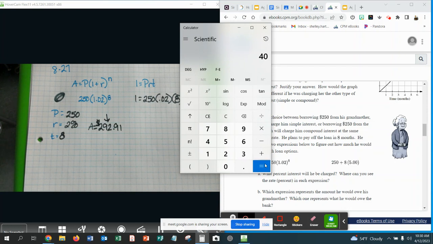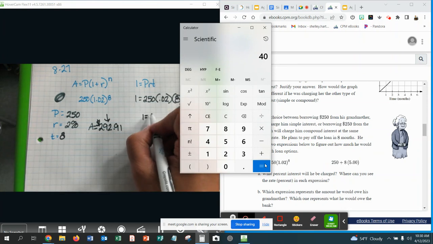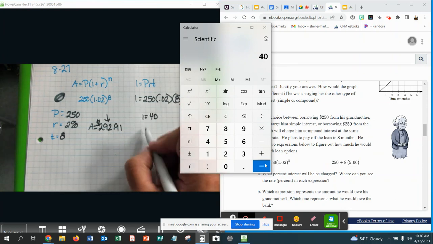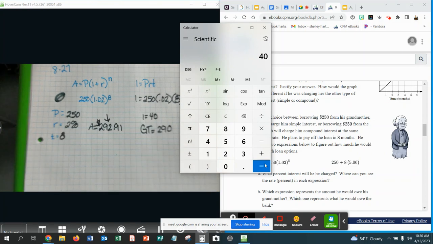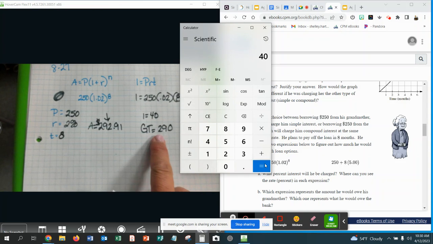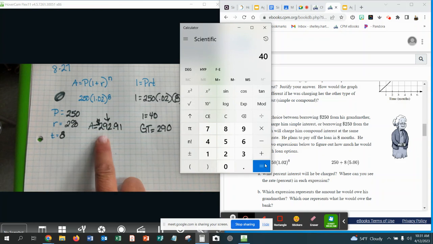That's where you got the 40. So you guys, hooray, you got the simple interest, which is 40. And the grand total would be 290, right? But you need to know the difference between compound interest and simple interest. You feel good about it? Good. I'm glad you got it.